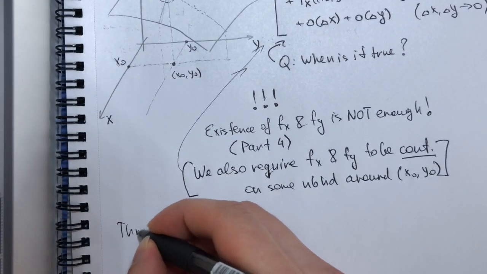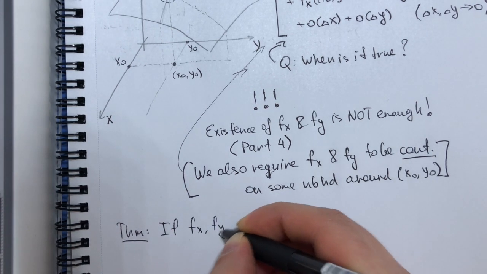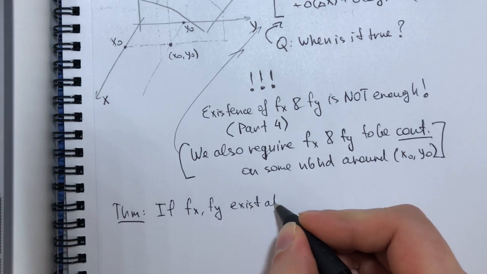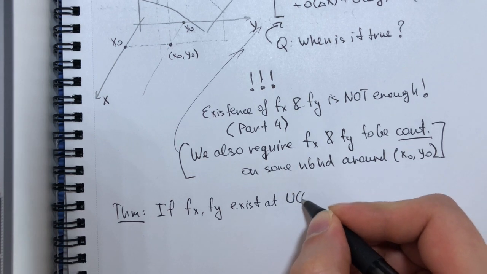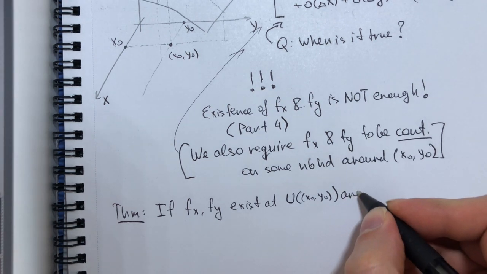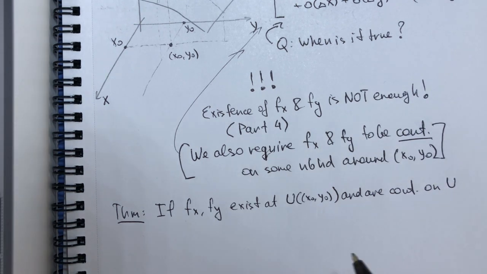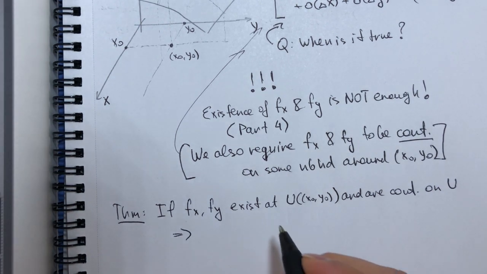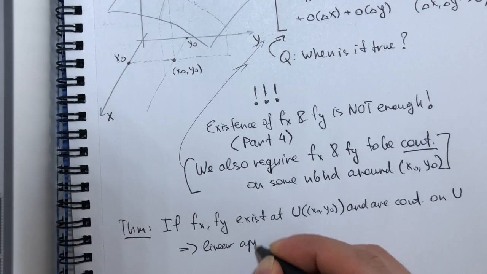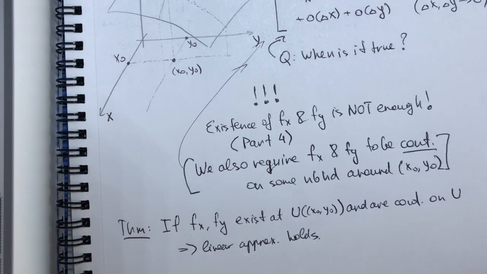So we have a theorem. If these partial derivatives exist at some neighborhood of x naught, y naught that includes this point and are continuous on this neighborhood U, then this linear approximation holds.